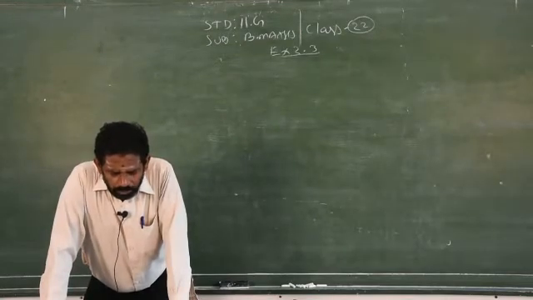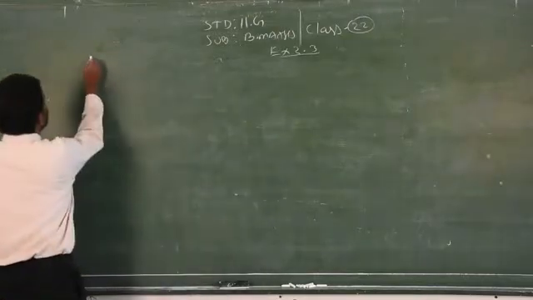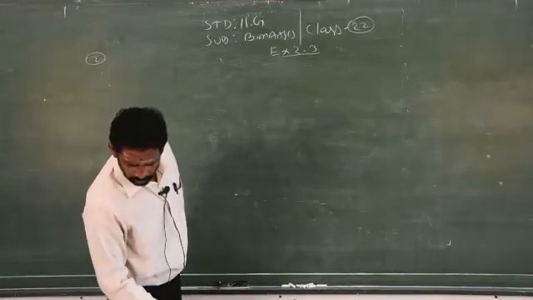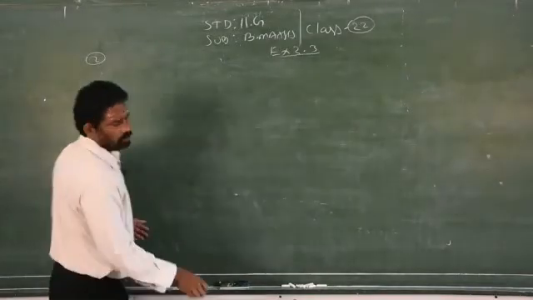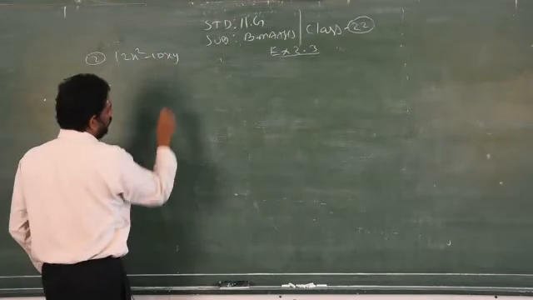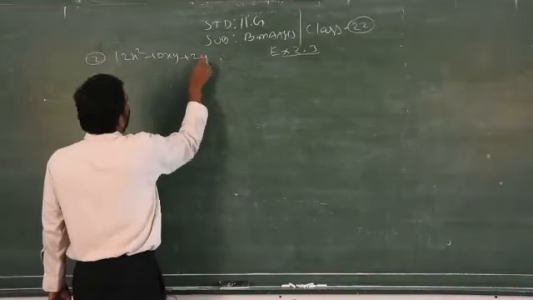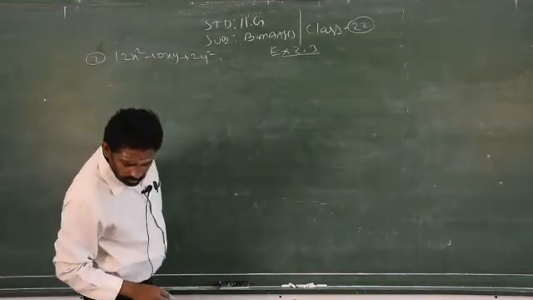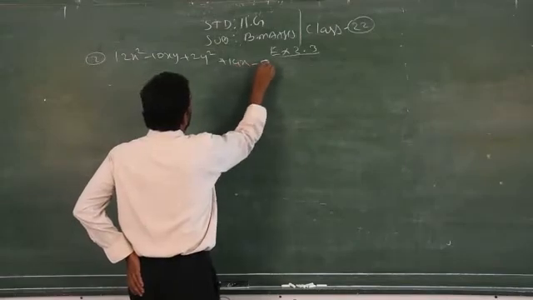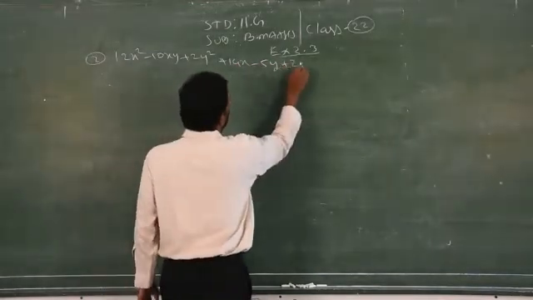Also find the separate equations of the straight lines. See question number 2, you have to show that the given equation represents a pair of straight lines, that is 12x square minus 10xy plus 2y square plus 14x minus 5y plus 2 is equal to 0.